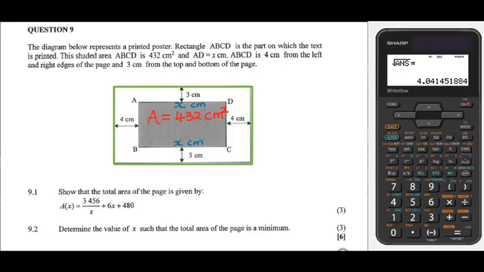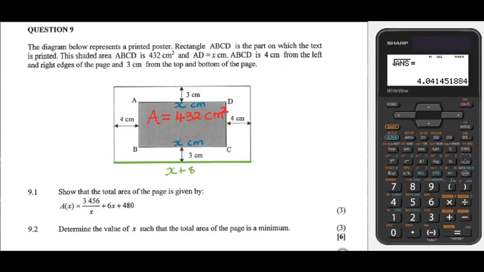First, the green length at the bottom is going to be x plus 4 centimeters, another 4 centimeters. So that green edge should be x plus 8 centimeters.